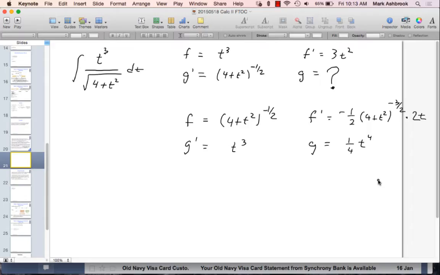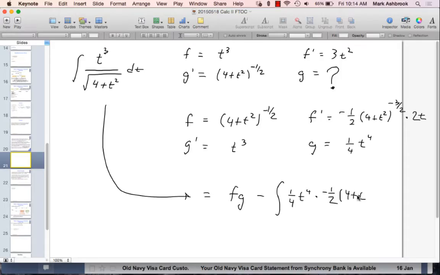So our answer equals fg minus the antiderivative of g f prime, 1/4 t to the 4th times negative 1/2 4 plus t squared to the negative 3/2 times 2t.